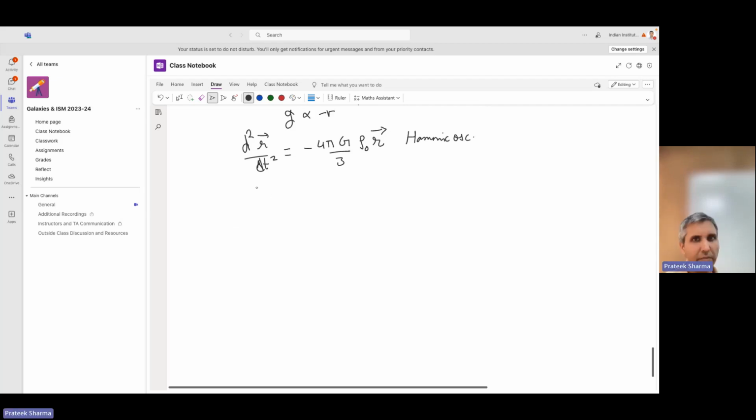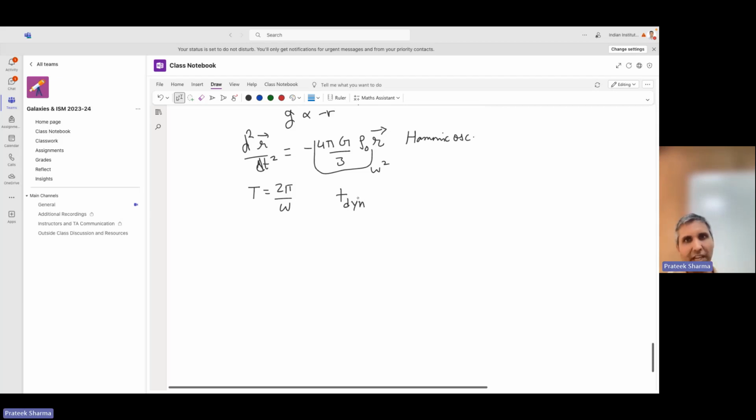So what's the time period of oscillation? So time period is just 2 pi by omega, and this is essentially omega squared, right? So if we plug that in, sometimes people define a dynamical time, T dynamical, as the time that it takes.